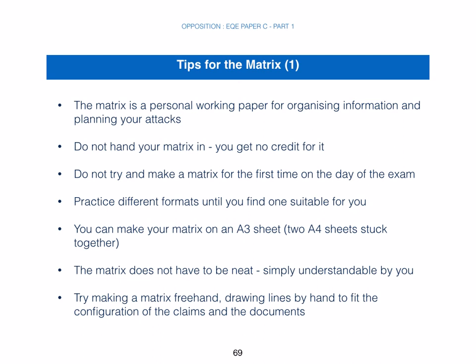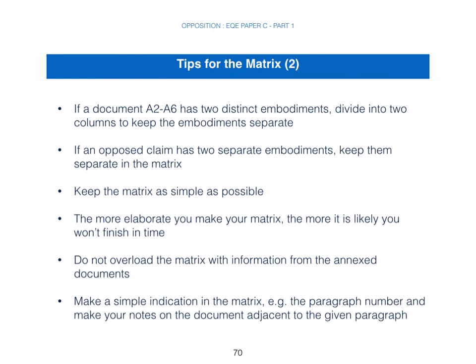You can make your matrix, as I've mentioned, on an A3 sheet, 2 A4 sheets stuck together. The matrix does not have to be neat, it simply has to be understandable for you. You could try making a matrix freehand, drawing lines by hand to fit the configuration of the claims and the documents.